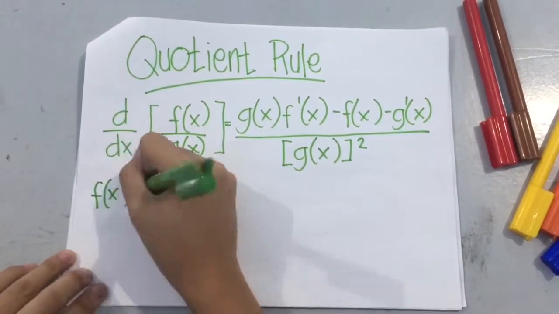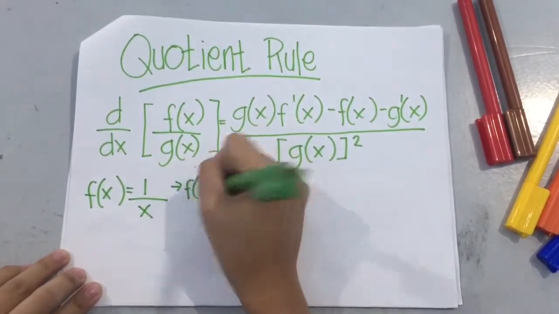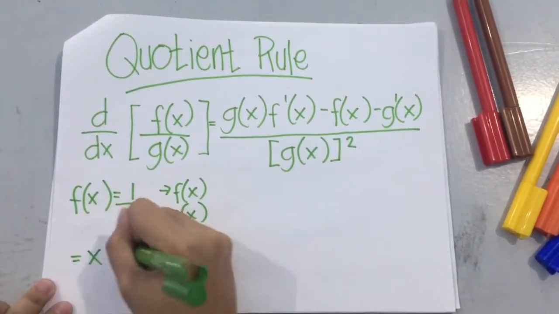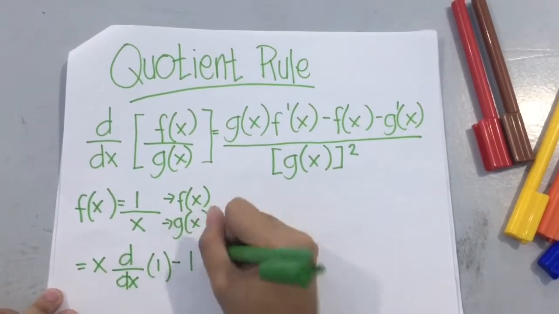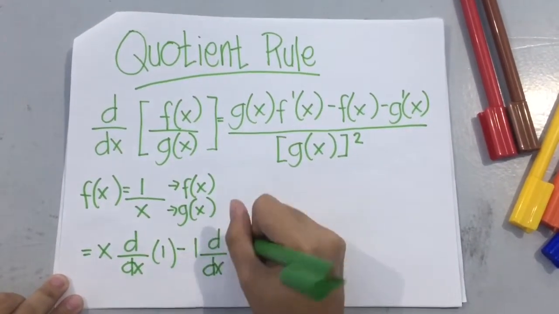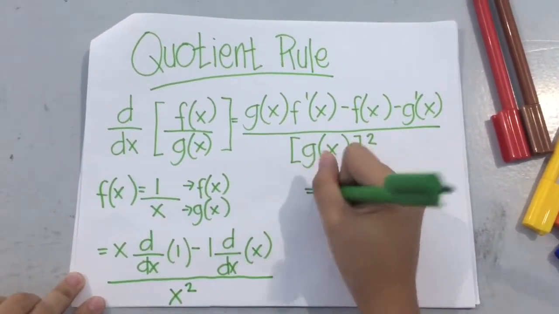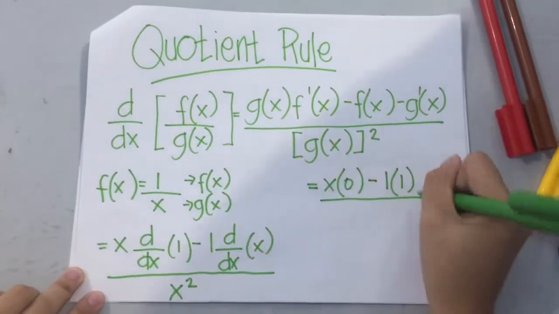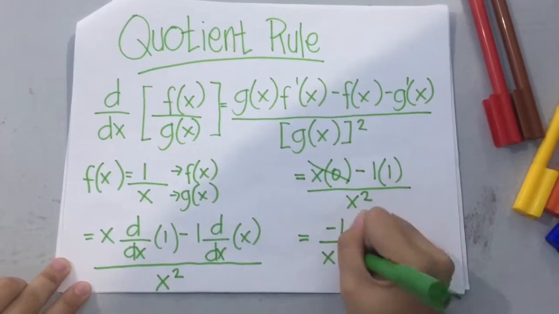For example, f of x equals 1 over x. Using the formula, replace the given by using 1 as f of x and x as g of x. That equals x times the derivative of 1 minus 1 multiplied by the derivative of x, all over x squared. X times 0 minus 1 multiplied by 1, all over x squared. Cancel out x times 0. The final answer is negative 1 over x squared.